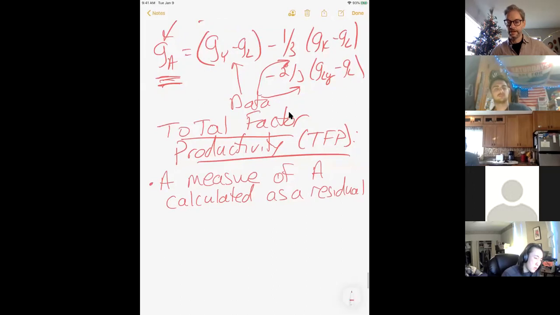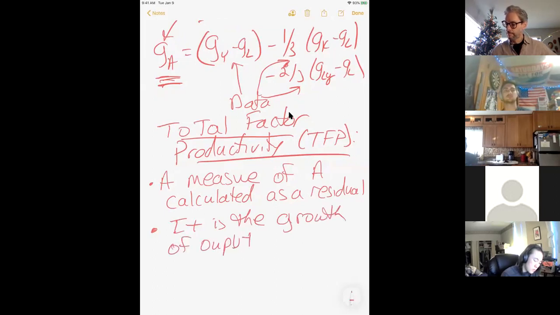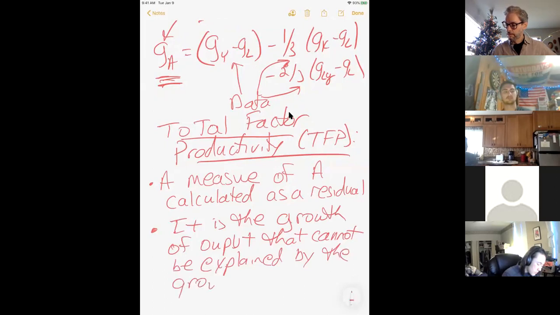In other words, another way of saying this is it's the growth of output that cannot be explained by the growth of inputs, meaning capital and labor.